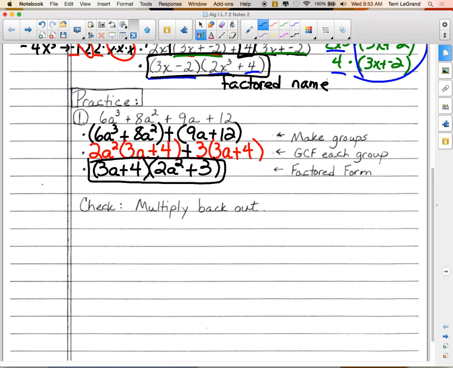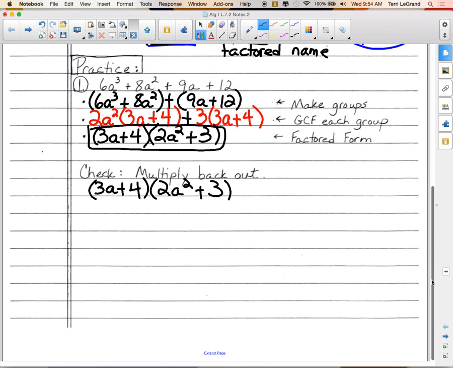But we are going to do a check problem. So you decide. We have a binomial times a binomial. We have a couple of different methods at least for multiplying these. You can use FOIL. You can use the rectangle method. But I want you to multiply it back out. So the factored name should take us back to our 4-term polynomial.